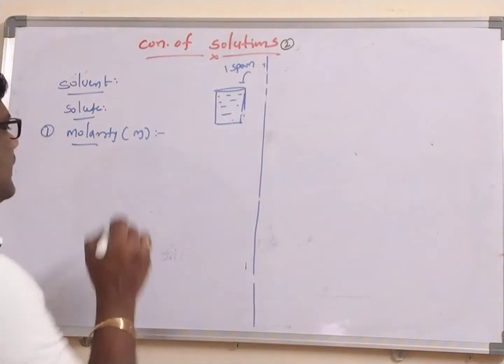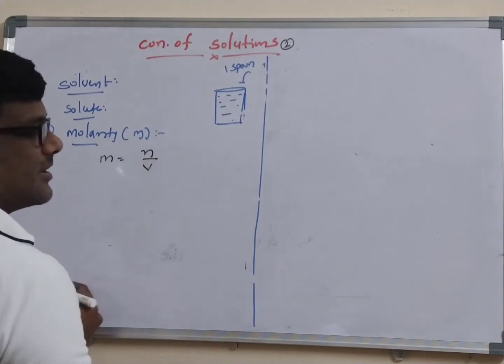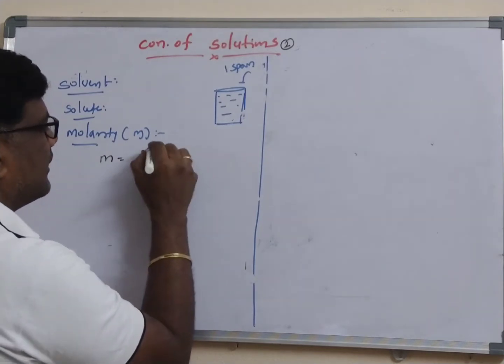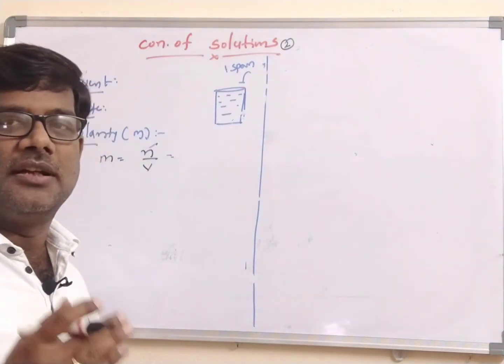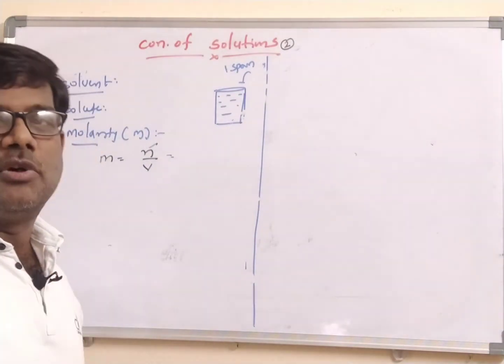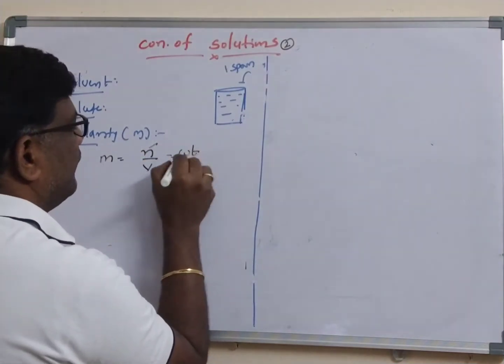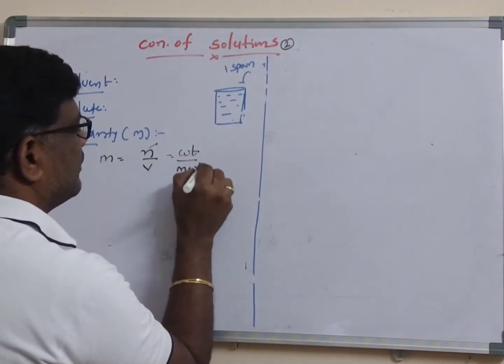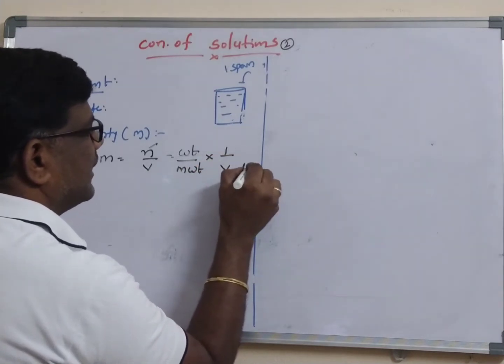Mathematically, it is represented like this. Molarity is equal to number of moles in 1 liter solution, N by V. Already we are familiar, N is nothing but mole. Mole is the ratio between the weight of the substance to the molecular weight of the substance. Ultimately, in place of N, I am writing weight of the substance by molecular weight of the substance into 1 by V, and V must be taken in liters.